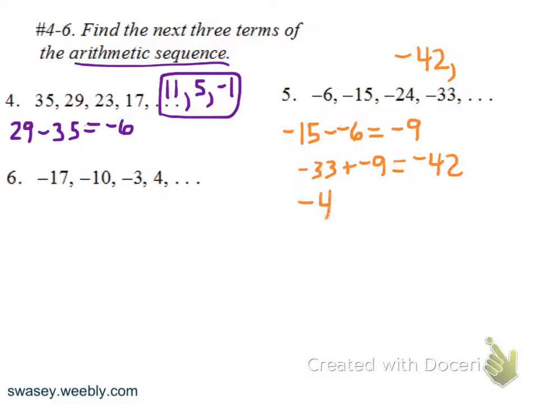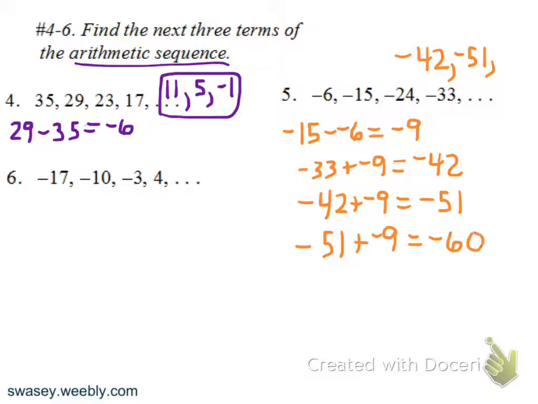Then do negative 42 plus negative 9 to get negative 51. And then do negative 51 plus negative 9 to get negative 60. So those are the next three terms of this sequence.